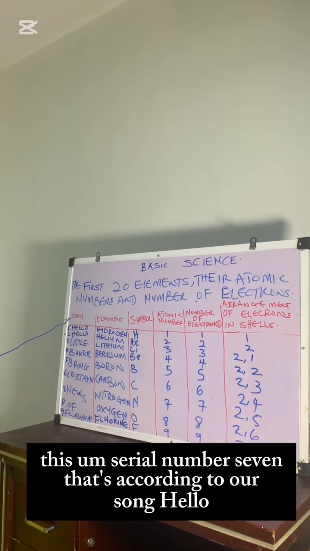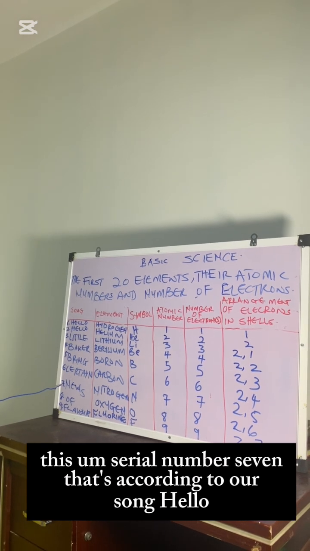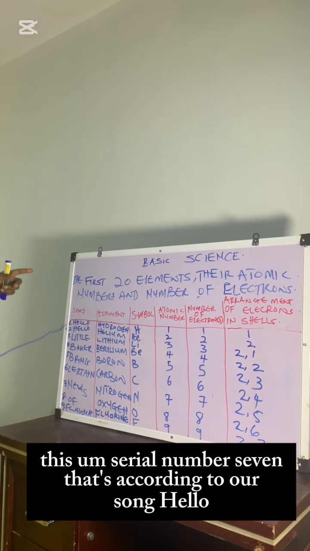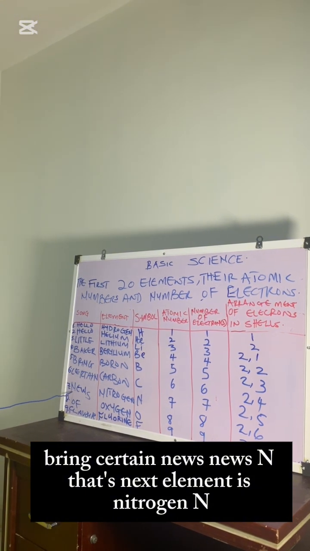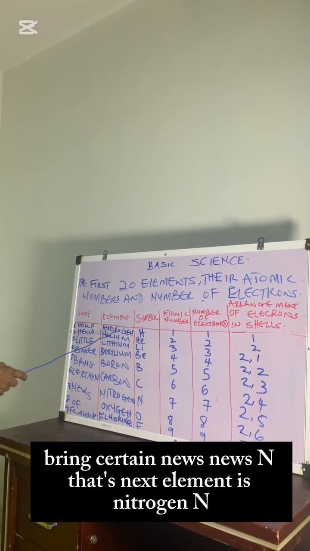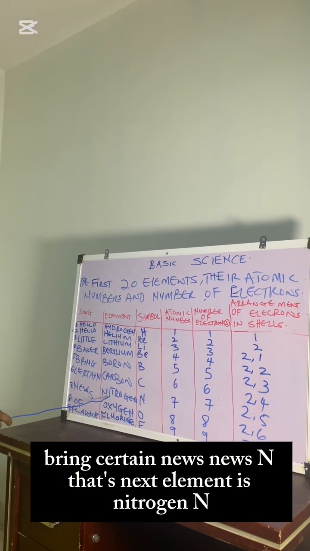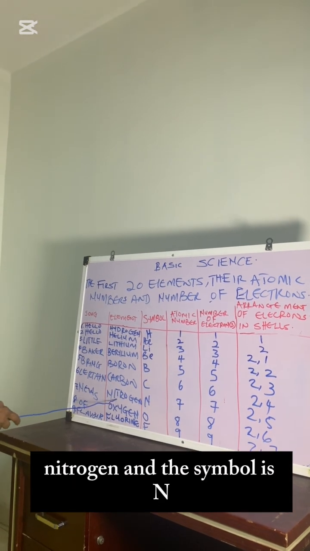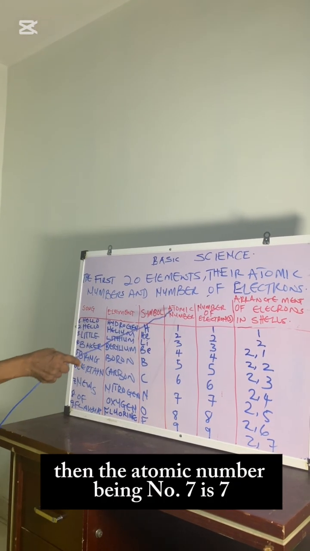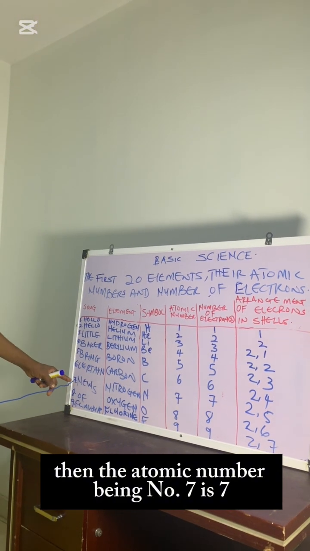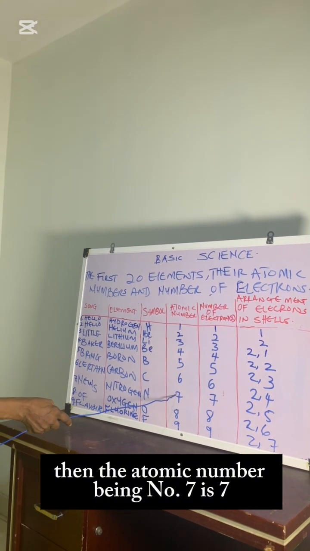Next one is serial number 7. According to our song, "Hello little Baker, bring certain news": N. The next element is nitrogen, and the symbol is N. The atomic number, being number 7, is 7.